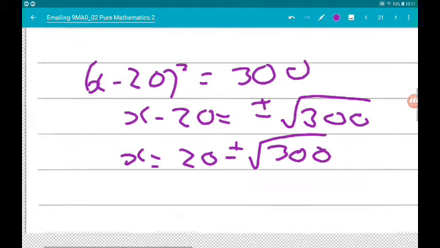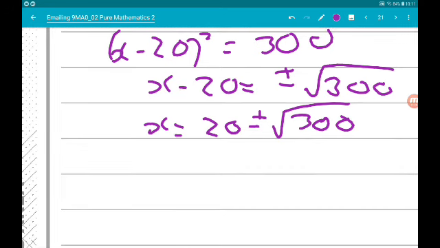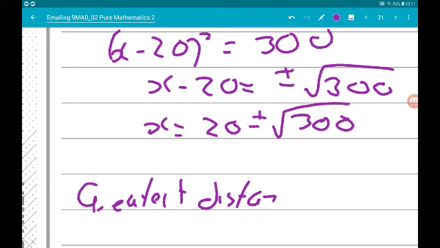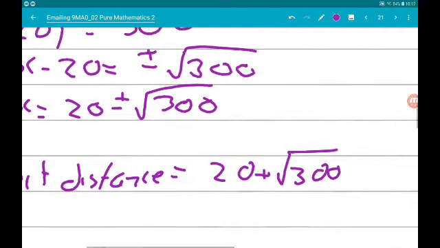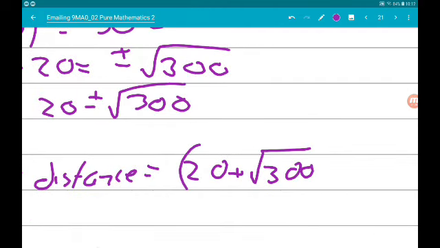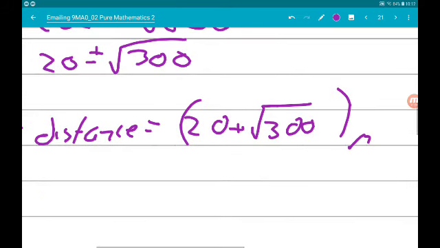Now we want the greatest distance. So that's going to be 20, add root 300. Now that should be fine as an answer. Meters, remember, that's probably important.